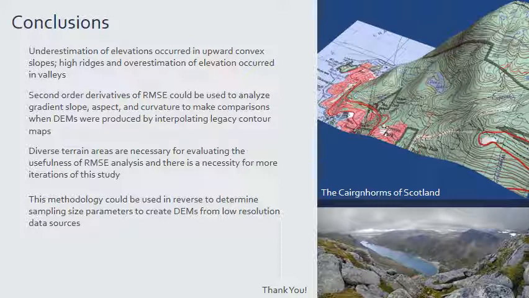And I have that kind of experience in the past also, taking a digital elevation model and trying to find where slope breaks are on a surface. They're pretty wild. The second order derivatives from the RMSE could be used to analyze other things like gradient slope, where you could make connections between contour maps, see where digital elevations were produced from existing contour maps, which is a common method now.